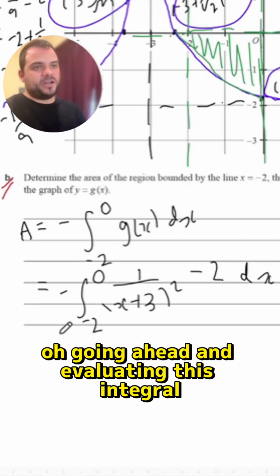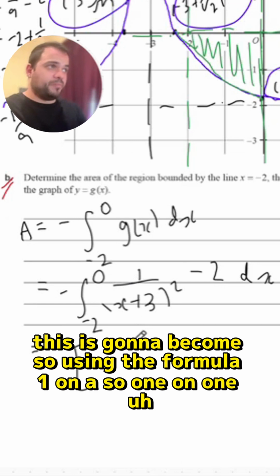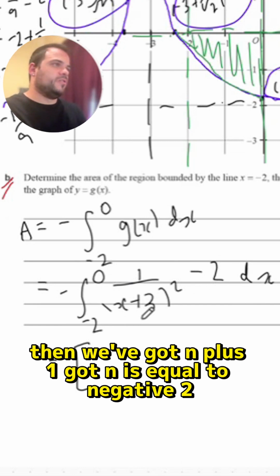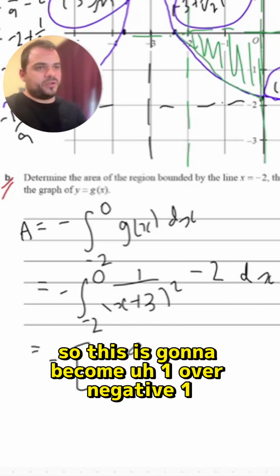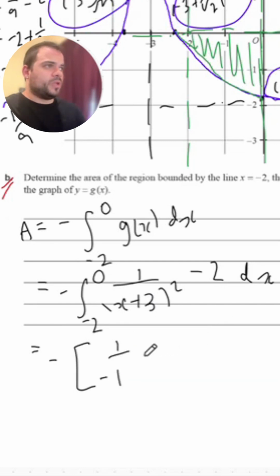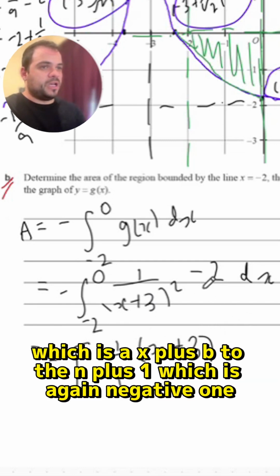So going ahead and evaluating this integral, we've got negative, and then this is going to become, using the formula, 1 on a, so 1 on 1, then n plus 1. We've got n equal to -2, so -2 plus 1 is -1, so this is going to become 1 over -1, and then (x plus 3), which is ax plus b, to the n plus 1, which is again -1.